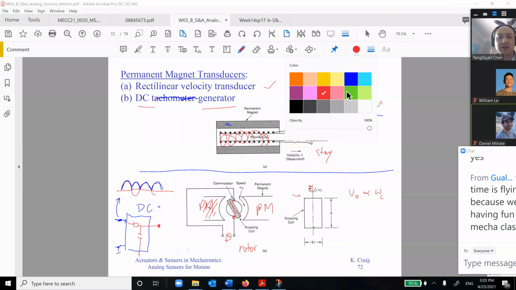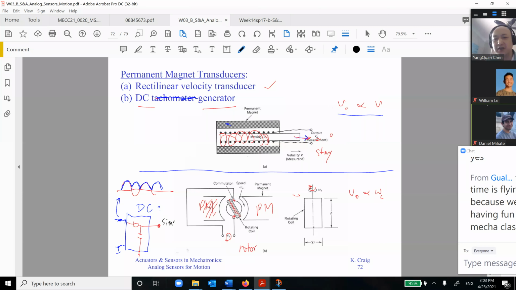I tell you, the signal will be like this. It filters all the high frequency out, leaving more or less a straight line. That's more like a DC. That's how they make the DC.